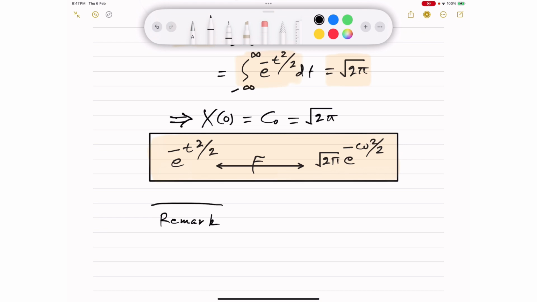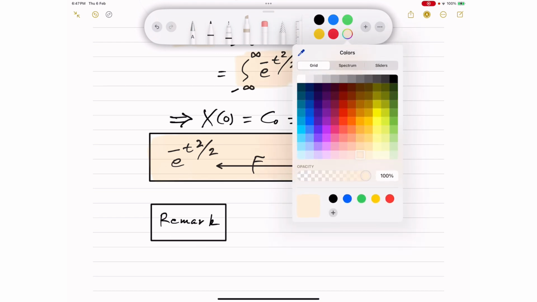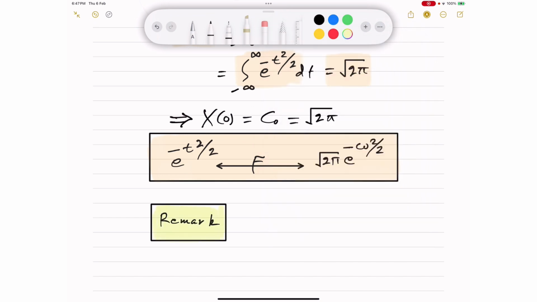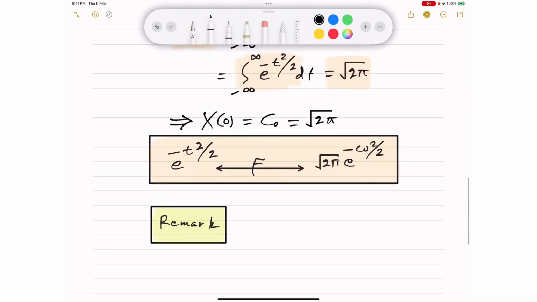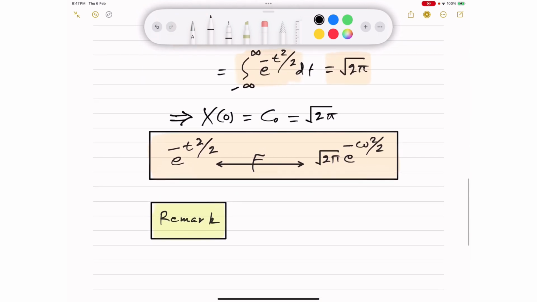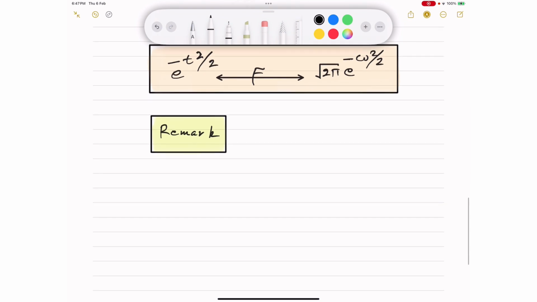This remark will tell us exactly how we found out that the integral from negative infinity to infinity of the exponential of minus t squared divided by 2 dt is equal to the square root of 2 pi. This integral can be rewritten as this.